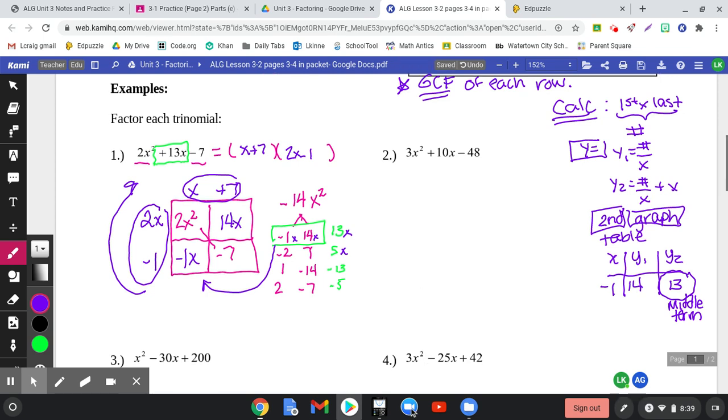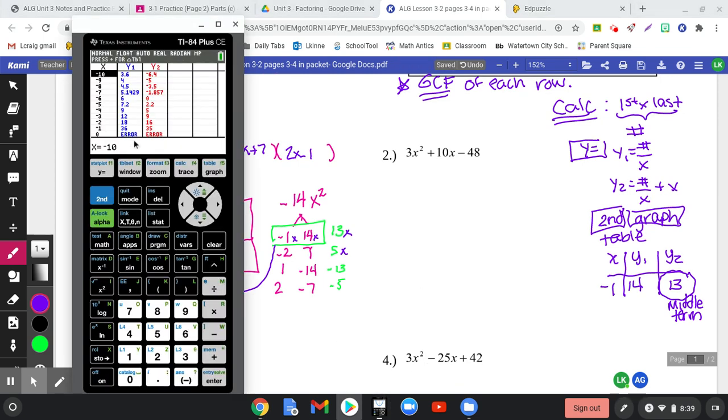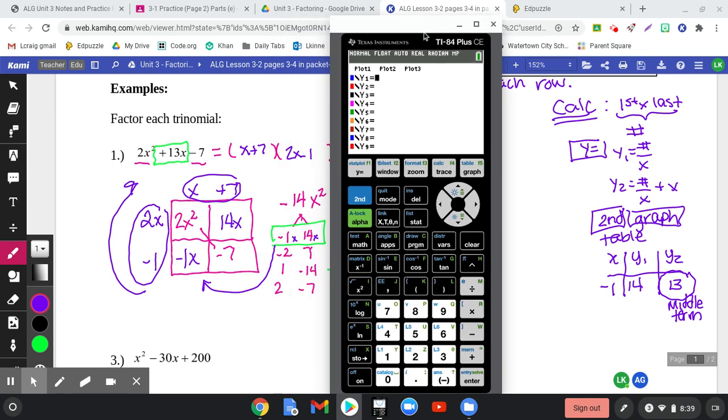So why don't we take a look at the calculator? All right, so I'm going to go to y equals. And again, this is instead of doing this with all the different signs, because when we do 3 times negative 48, that's going to have a lot of factors. Once we multiplied a and c, 2 times negative 7, we got negative 14. We listed them all.